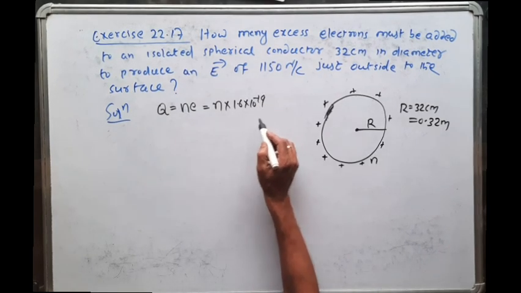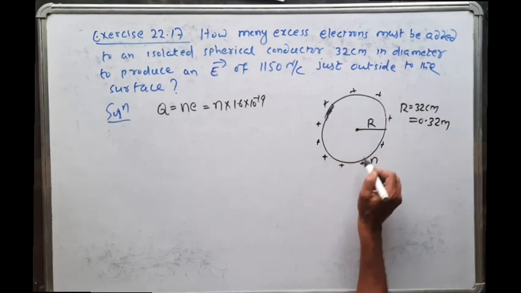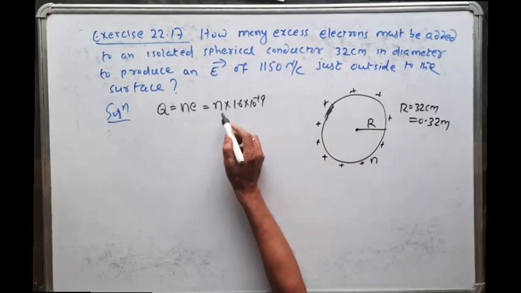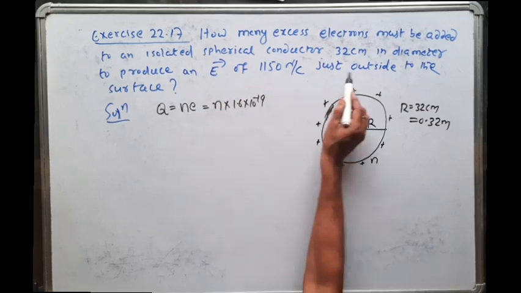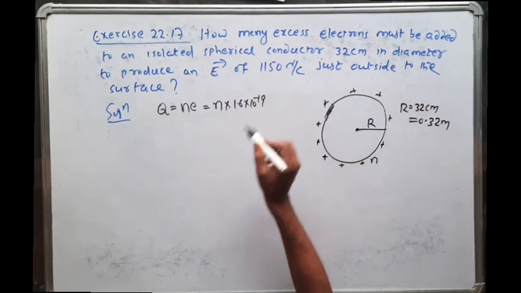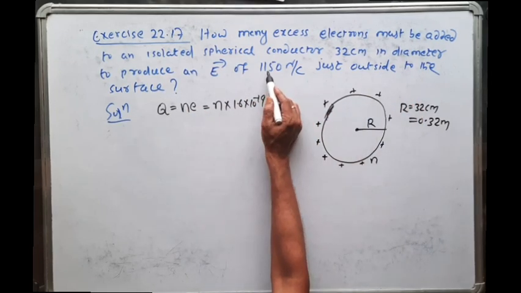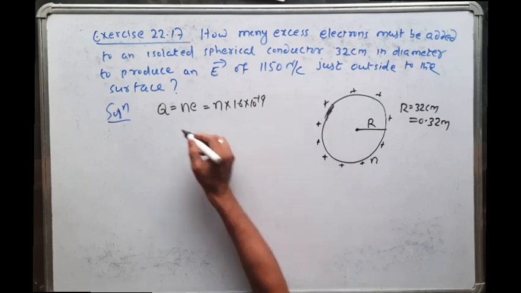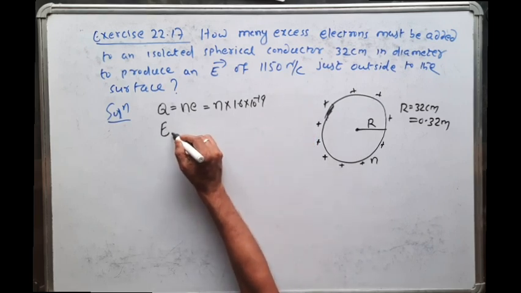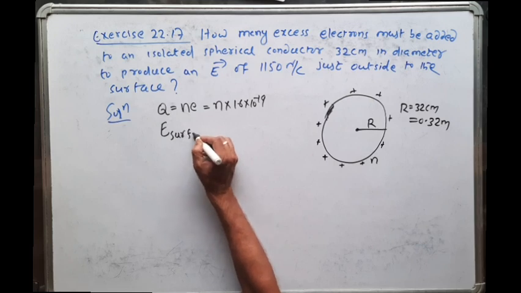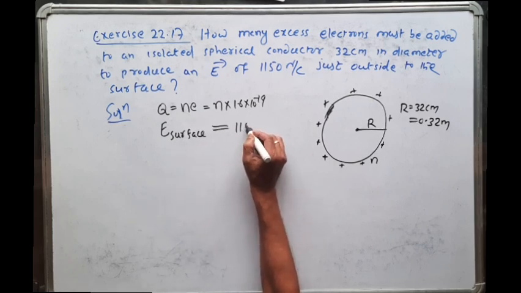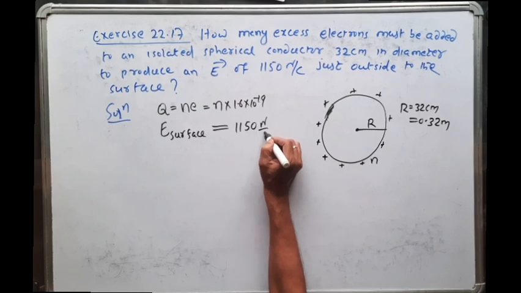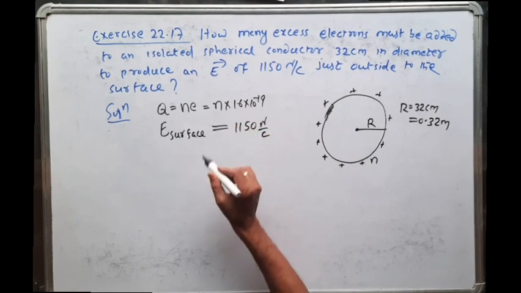If you add n number of electrons, the electric field intensity just outside the surface is 1150 Newton per coulomb. So the electric field intensity on the surface will be 1150 Newton per coulomb. Then what is the value of N?